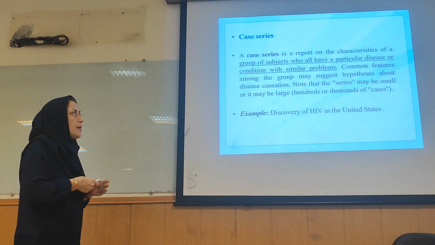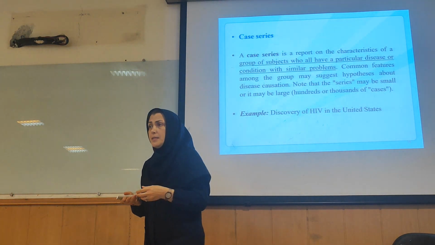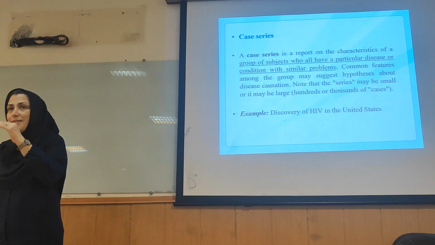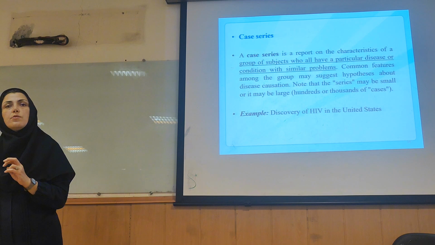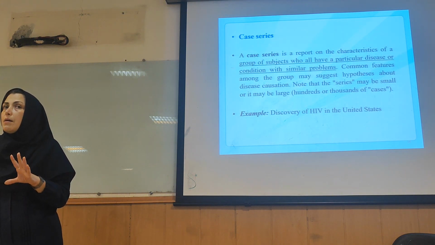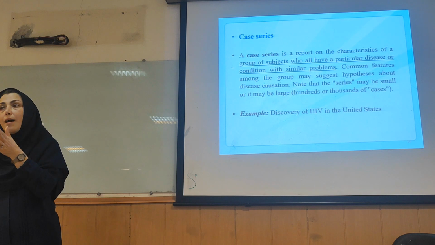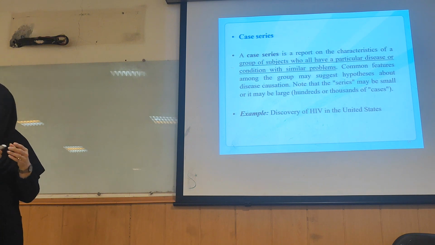They made some blood tests, and they found that the number of T cells in those men was decreased, and they thought that it is a kind of virus. There was no information about HIV at that moment.